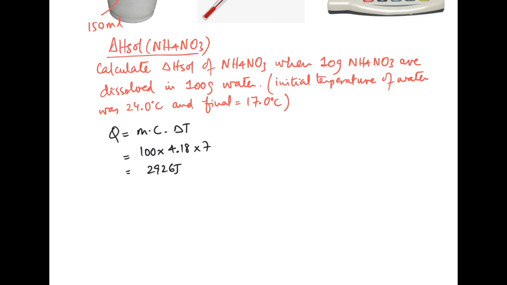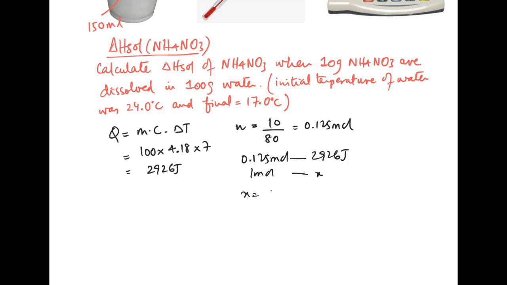Now let's see how many moles of ammonium nitrate are added. Moles equals 10, the mass, divided by the Mr, 80, so the moles are 0.125. Now to calculate the enthalpy change: 0.125 moles absorb 2926 joules, so 1 mole should absorb X. The answer is 23408 joules per mole.